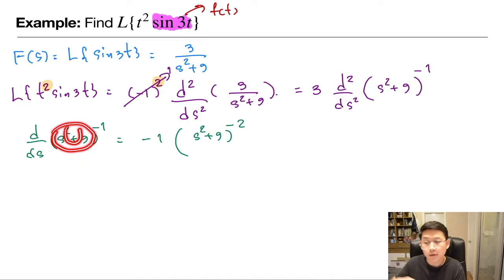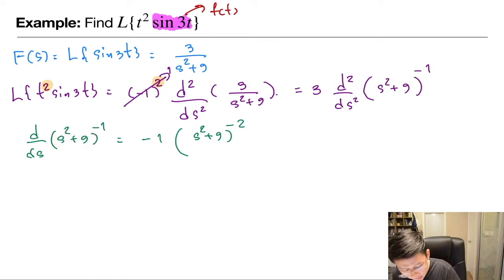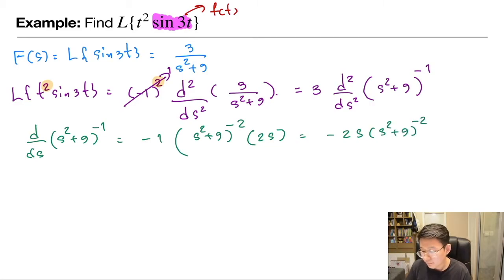The derivative of u to the power of minus 1 is minus 1 u to the power of minus 2, and then you need du by ds, the chain rule. du by ds would be 2s. So you would get minus 2s times s squared plus 9 to the power of minus 2. Let's put it like this for now.